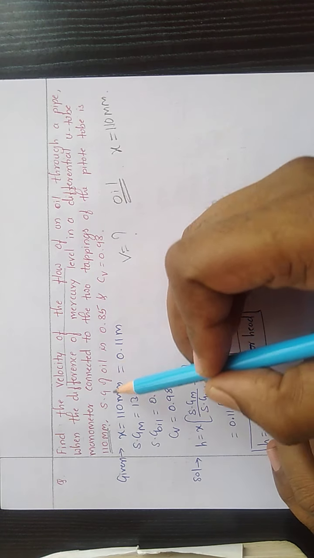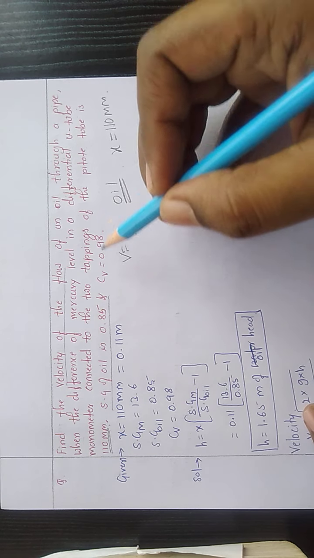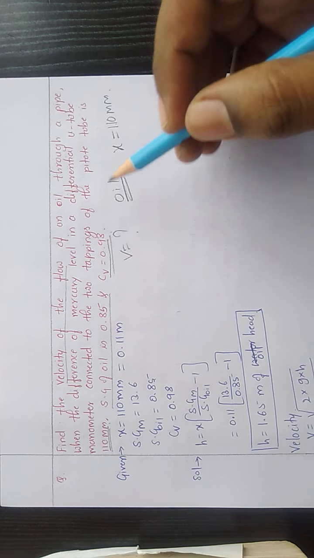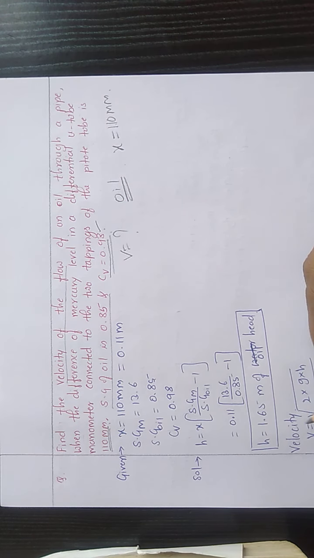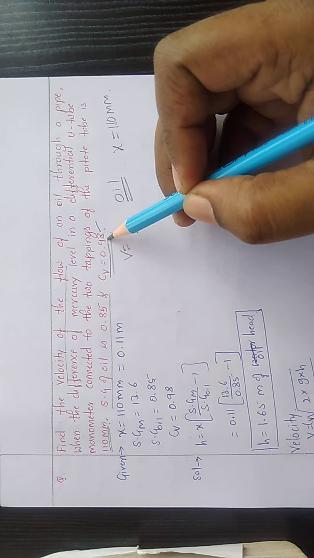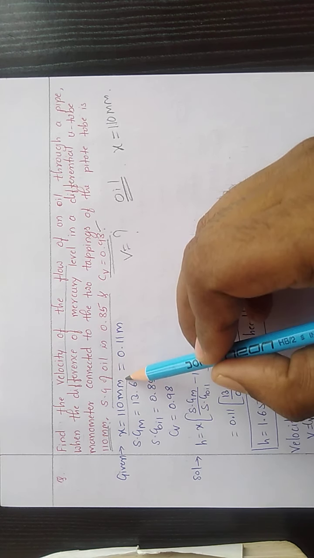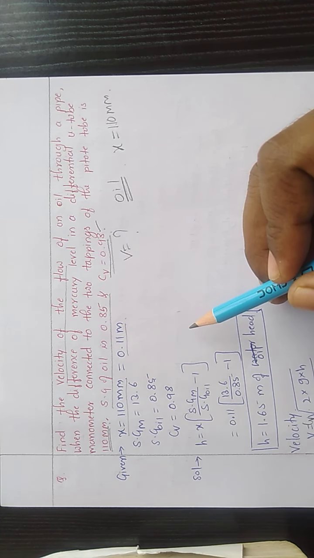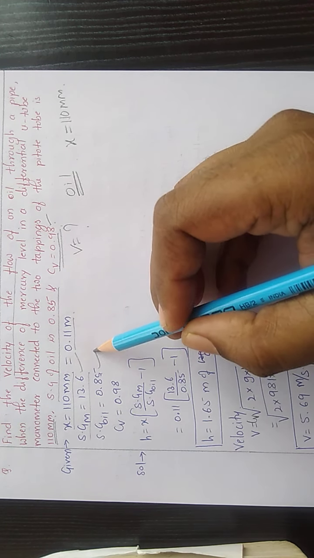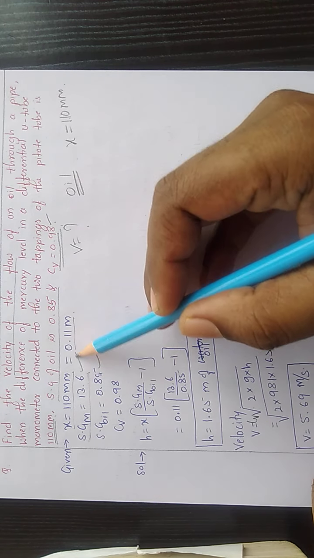He has given the specific gravity of oil as 0.85 and Cv as 0.98. If they mention the coefficient of pitot tube, you consider it, or else you can keep the ideal velocity. So X is 110 mm, which is 0.11 meters, and the specific gravity of mercury is 13.6. In most problems they don't give the specific gravity of mercury, you need to remember this.